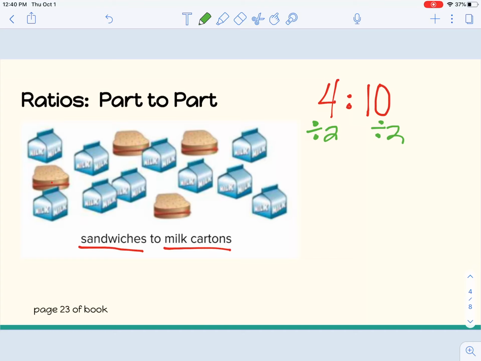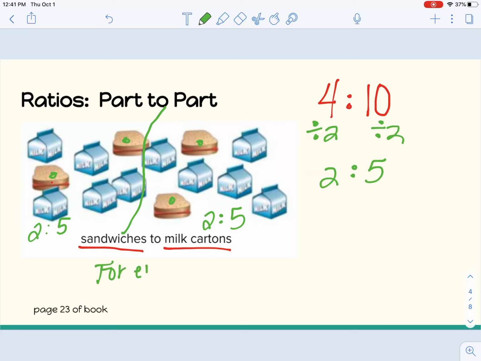So 4 divided by 2 makes 2. And 10 divided by 2 makes 5. Okay, again, if I cut my picture in half, this side has 2 sandwiches and 5 milk cartons. And this side has 2 sandwiches and 5 milk cartons.